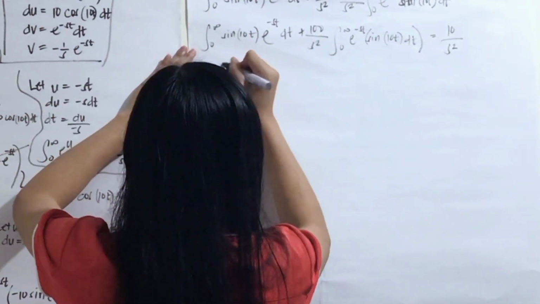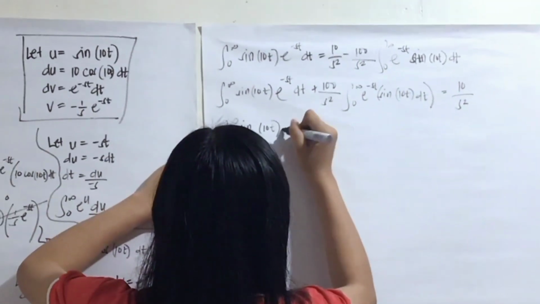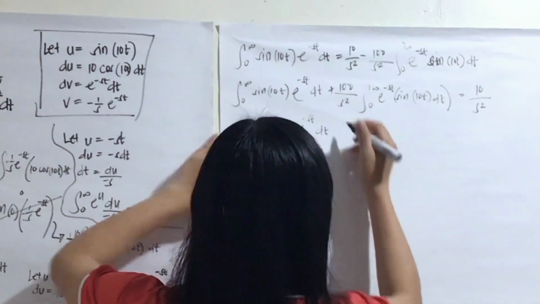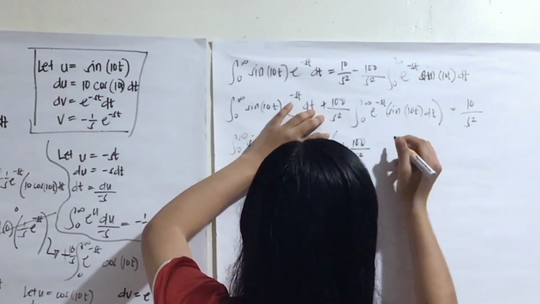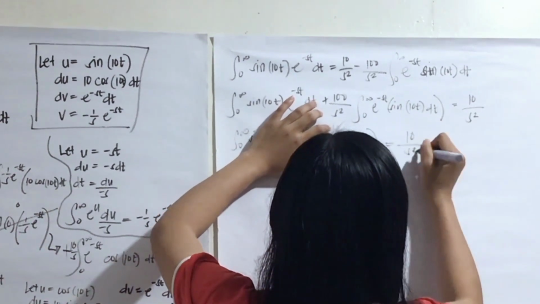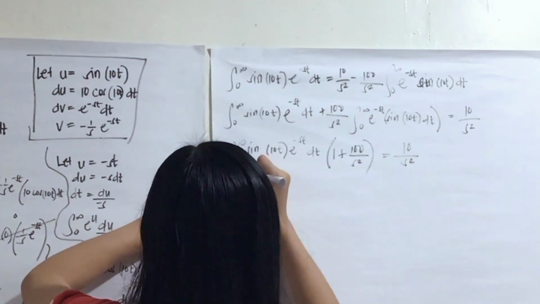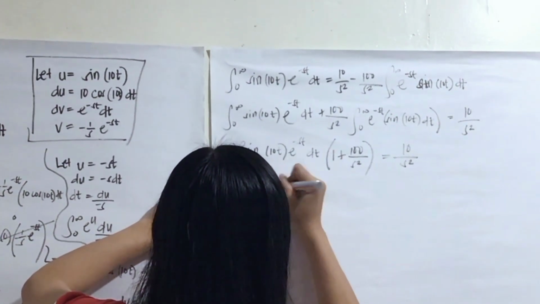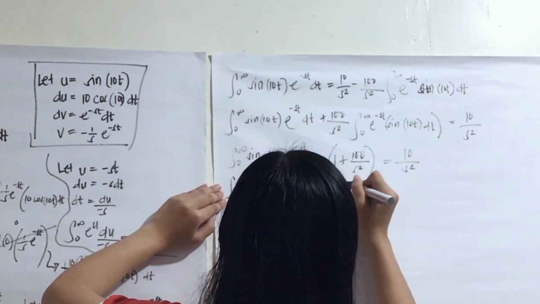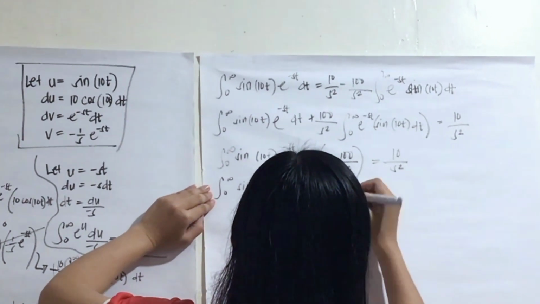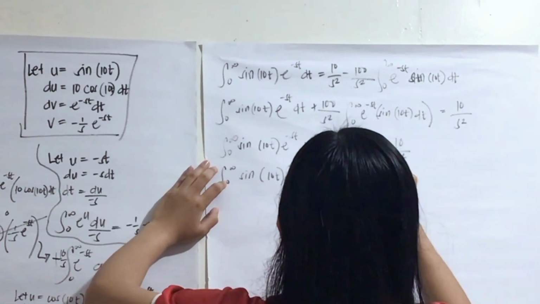So we will factor this out. So 1 plus 100 over s squared is equal to 10 over s squared. And again, simplify this term. s squared plus 100 over s squared is equal to 10 over s squared.